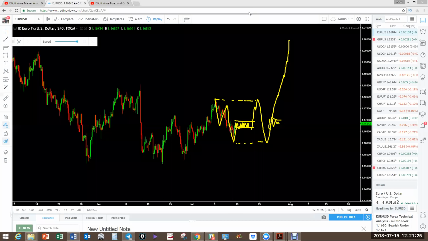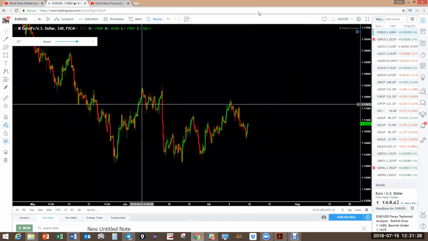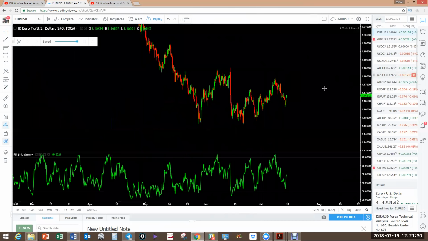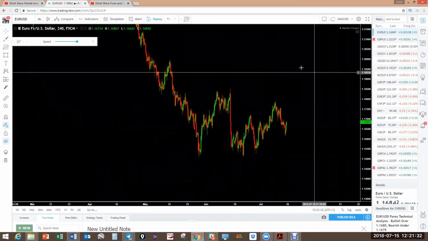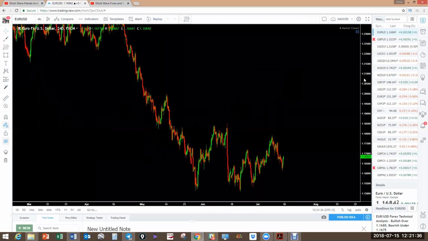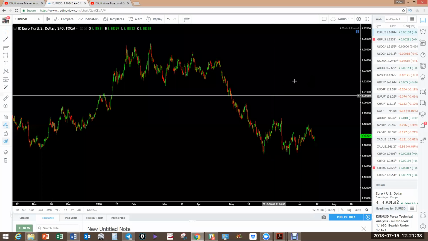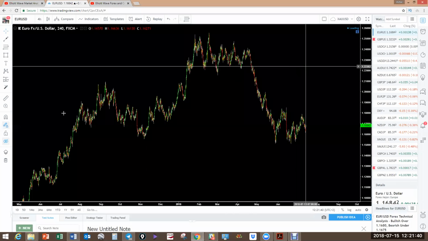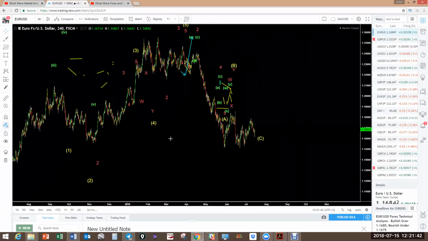So what is the sequence? What are we looking at on the sequence here? If you have been watching the videos for a couple of weeks, let's get back to the original. You know that we are looking at the move down as a correction. Let's show the structure there.